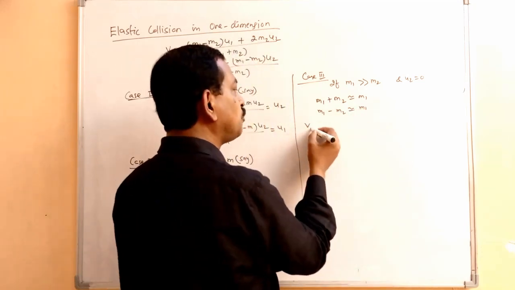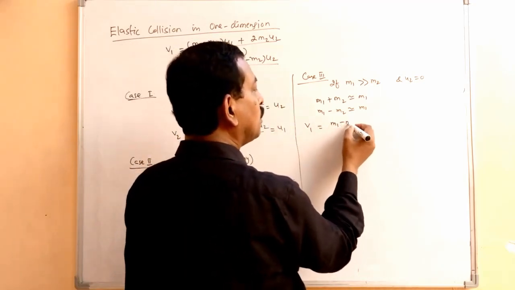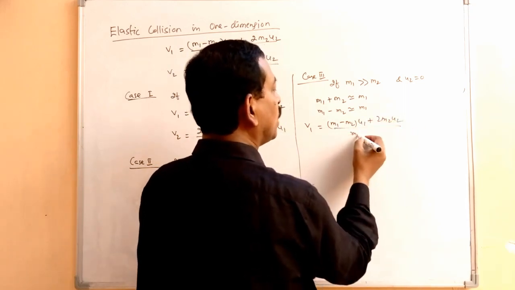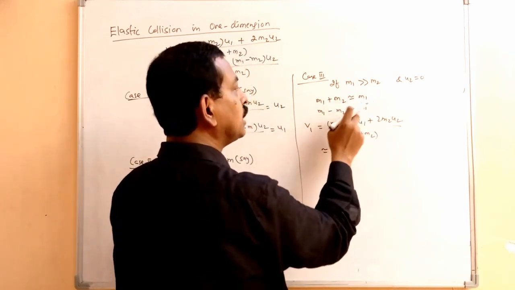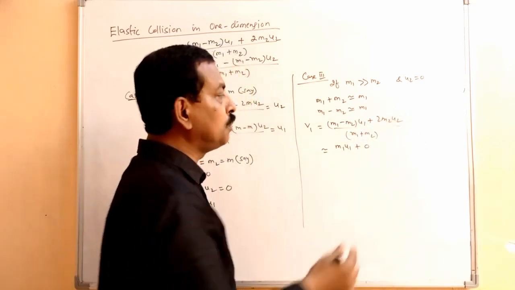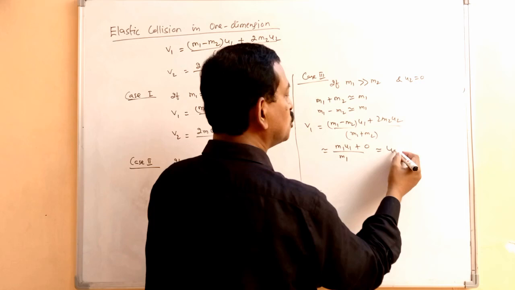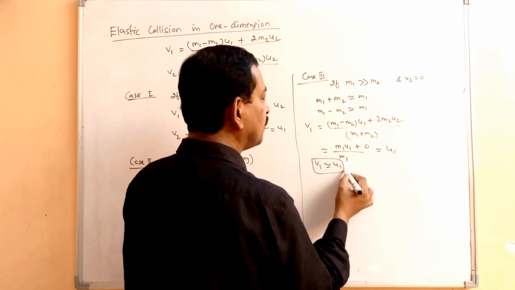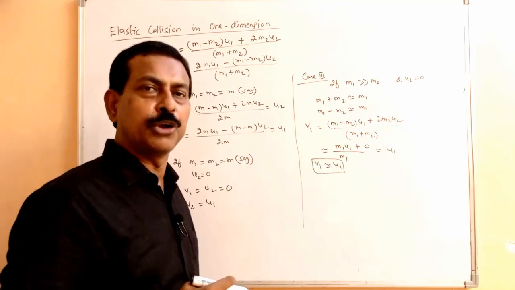So if you substitute in the formula for v1, it is (m1 minus m2) u1 plus 2 m2 u2, divided by m1 plus m2. Let's substitute it. m1 minus m2 will be nearly equal to m1, u1, and the second body was at rest, u2 is 0, divided by m1 plus m2. So what will we get? Nearly equal to u1. That means the first body will have almost the same velocity as before collision.